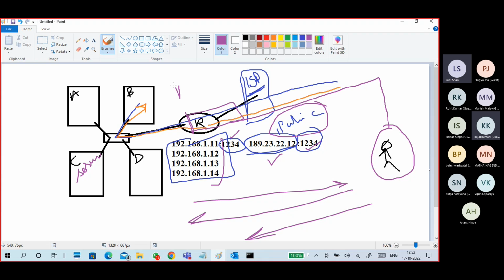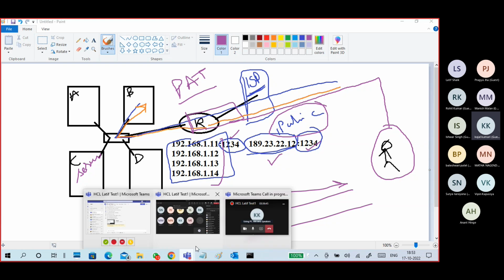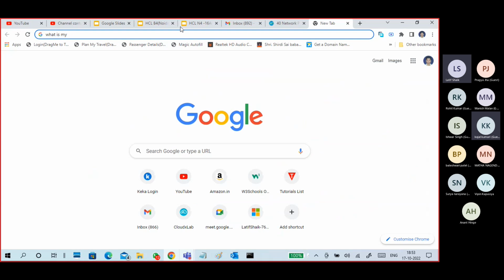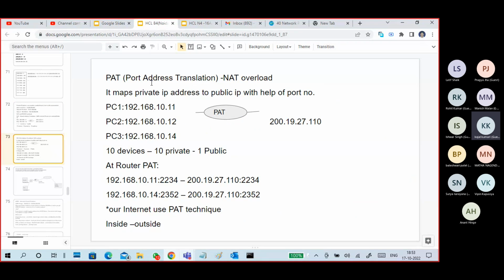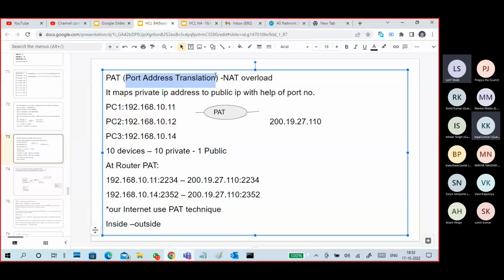This technique is called the PAT technique, port address translation. Okay, the technique we call port address translation. It is also called NAT overload. Why NAT overload?